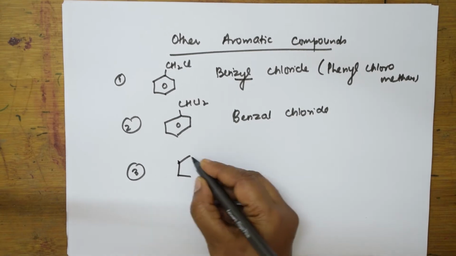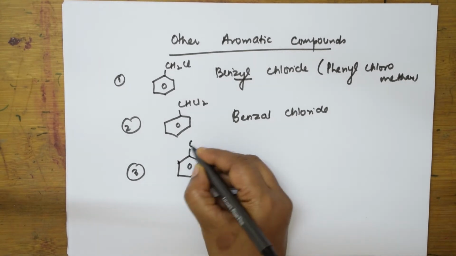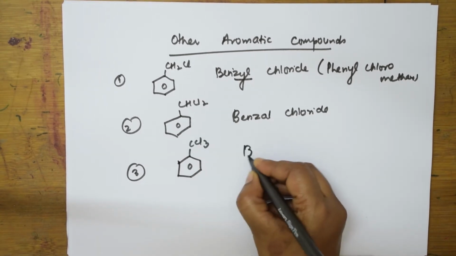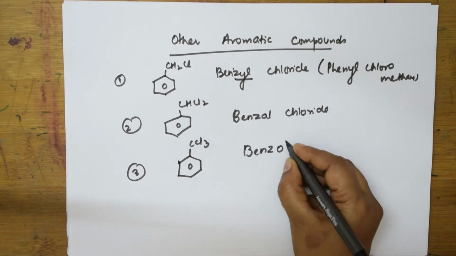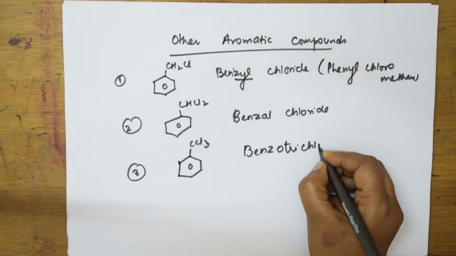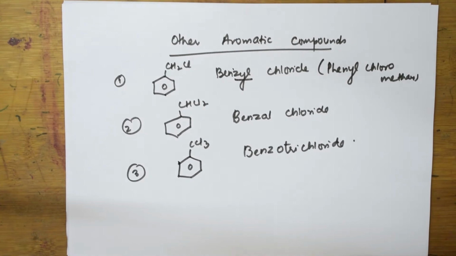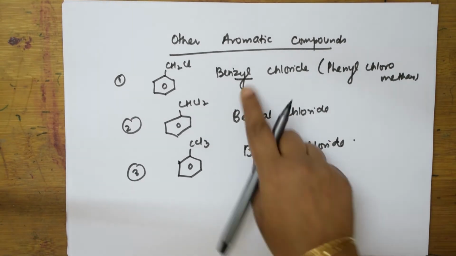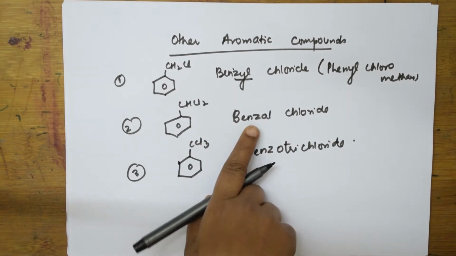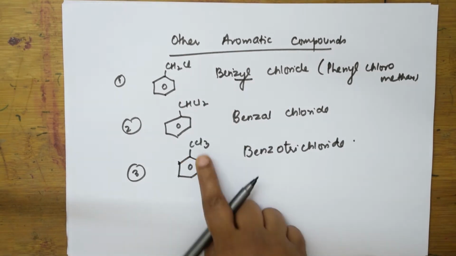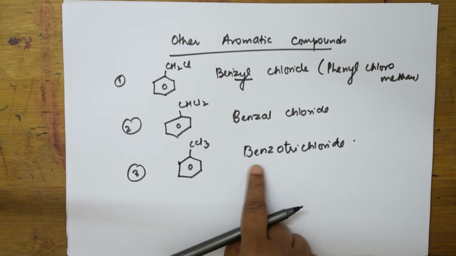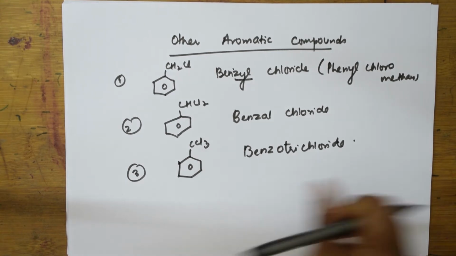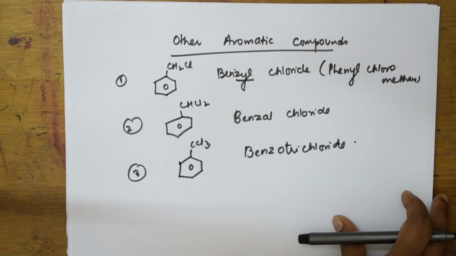You have only a CCl3 group. This is called benzotrichloride. Hope this concept is clear, students. Benzyl is this one, benzal is with 1 hydrogen, and with no hydrogen it is called benzotrichloride because of 3 chlorines. Correct?